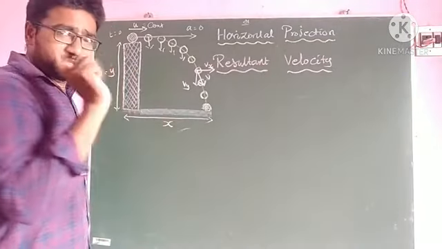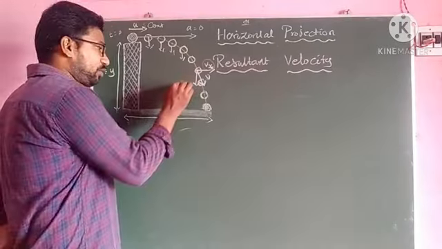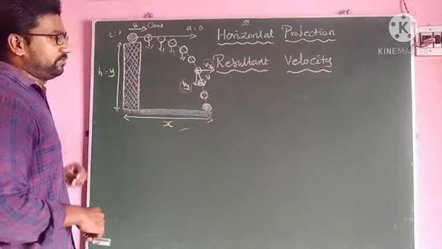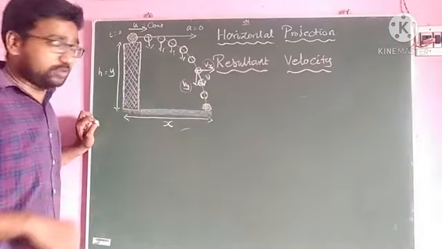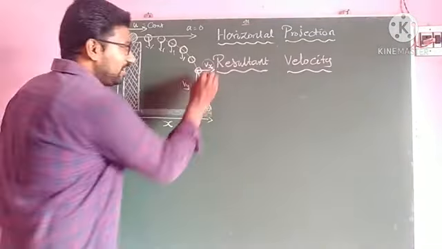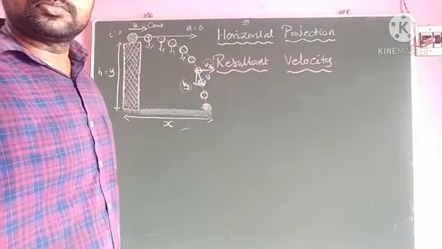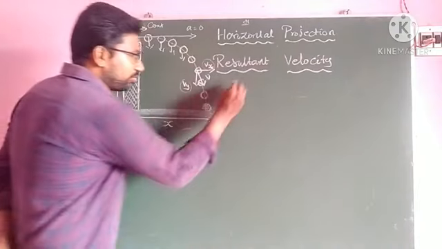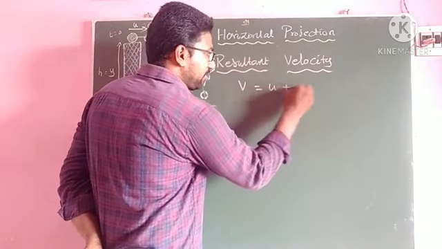Okay, first we should find the Vx value, and then Vy. Then we can easily find the resultant vector value. So what is the Vx value? You just find it out. Sir, we know very well the kinematic equation: velocity v is equal to u plus at. Am I right?